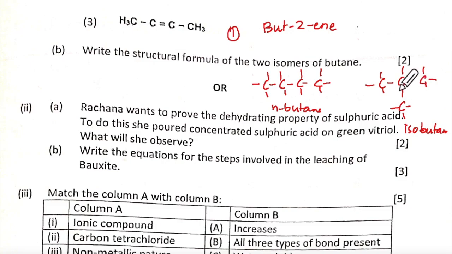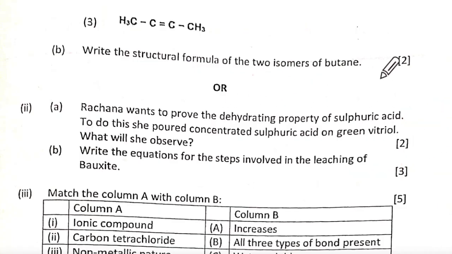What will be the IUPAC name? It is a propane with 2-methyl. So the IUPAC name is 2-methylpropane. Got it? Now, we have this 2 or this 2. We'll do both.